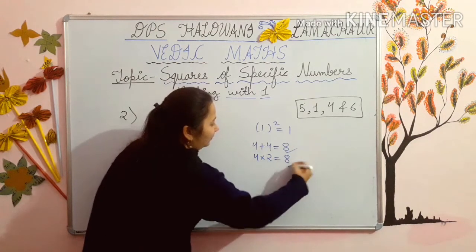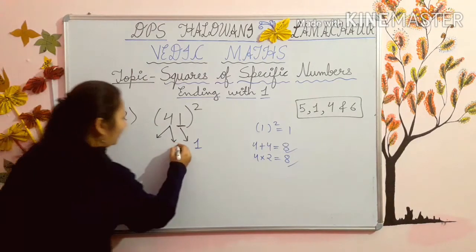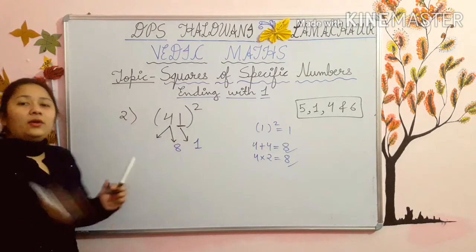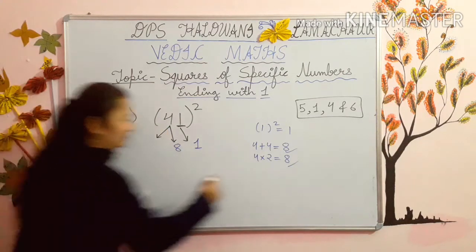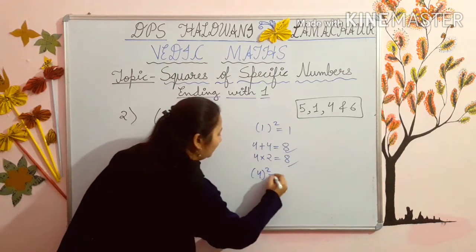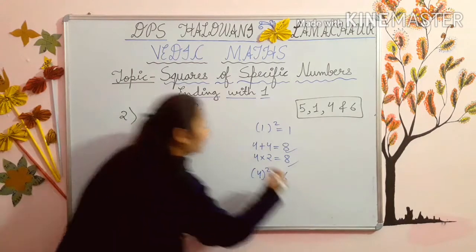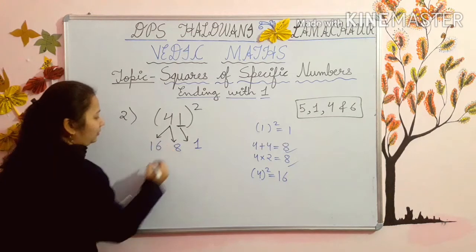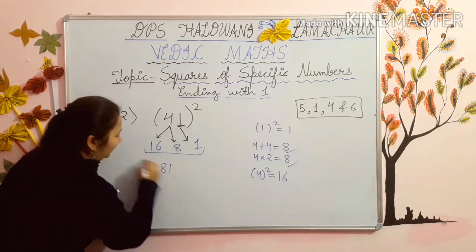Answer will be same. So double of 4 is 8. Now next, what you have to do? You have to do the square of this number. Now square of 4 is 16. So this is your answer. 1681.